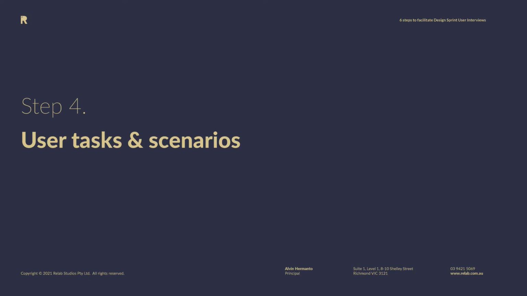Step number 4 is really the main thing out of a user interview. This is where the meaty part happens. It's about user tasks and scenarios. This is when you start creating scenarios for them. For example, imagine or picture a situation where you're about to buy this product. What would you do? What would your natural instincts do? And then let them do it as they're talking and commenting about the prototype.